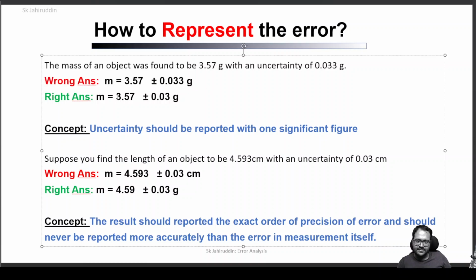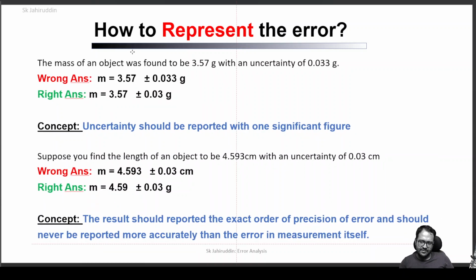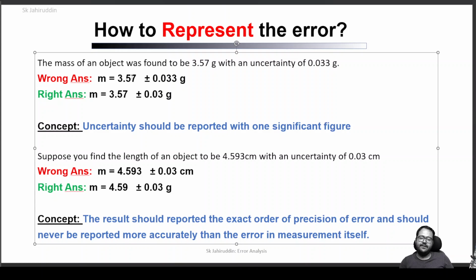The right answer is 3.57 plus minus 0.03. Whenever you are writing an error of something, delta of something, always write a single digit. That error should always be of a single digit. So uncertainty should be reported with one significant figure.